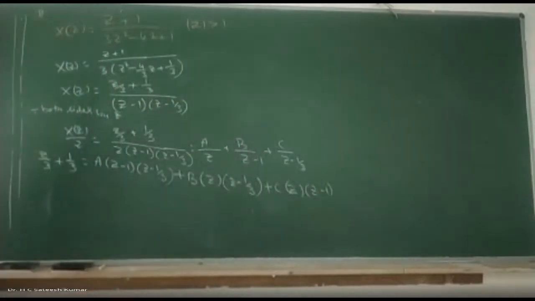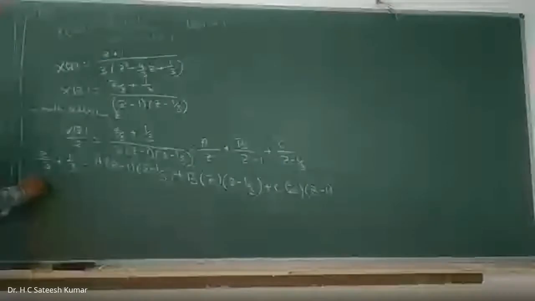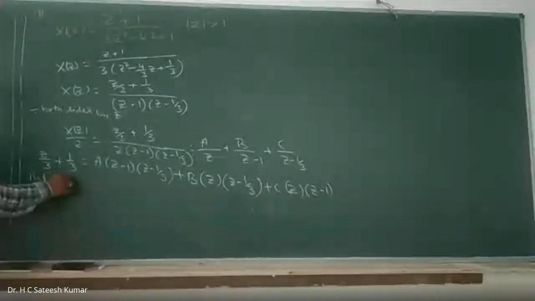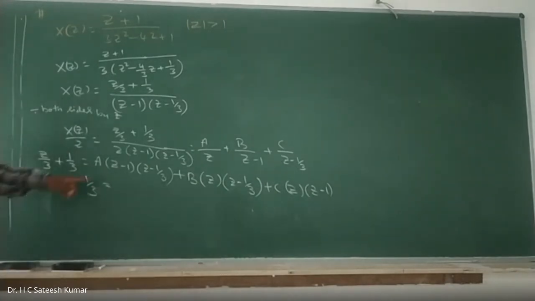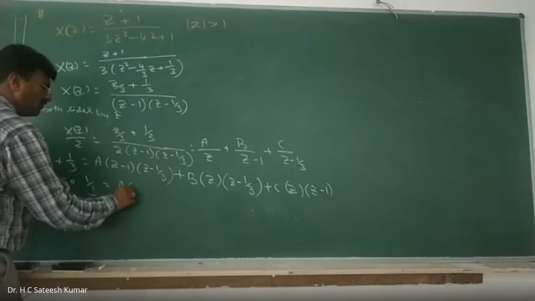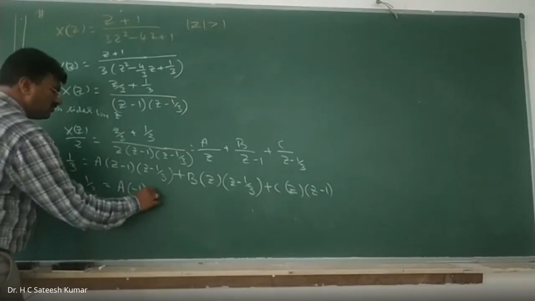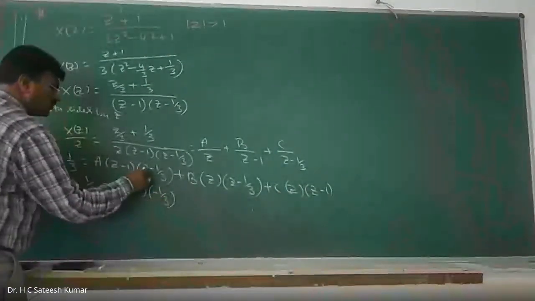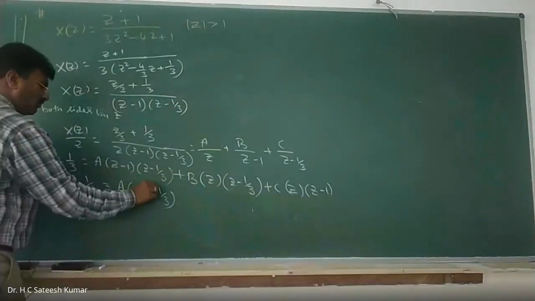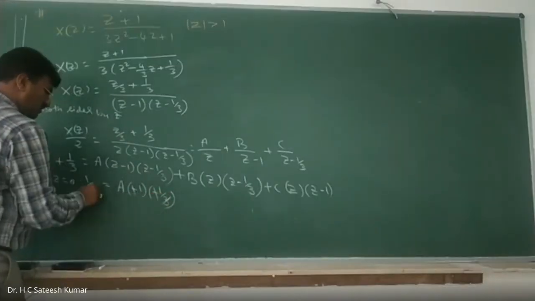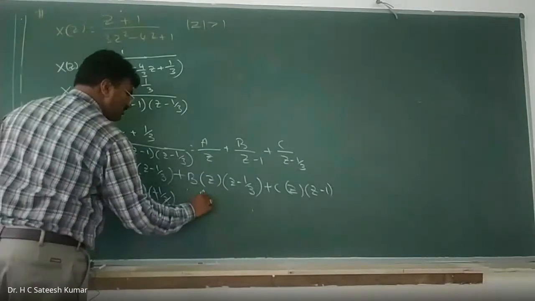Put z is equal to 0. Left hand side is 1 by 3, and the right side gives a into minus 1 into minus 1 by 3, since the other two terms become 0. Minus into minus gives plus, the 3 gets cancelled. Therefore a is equal to 1.